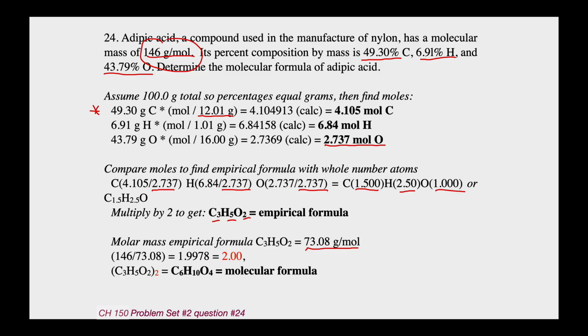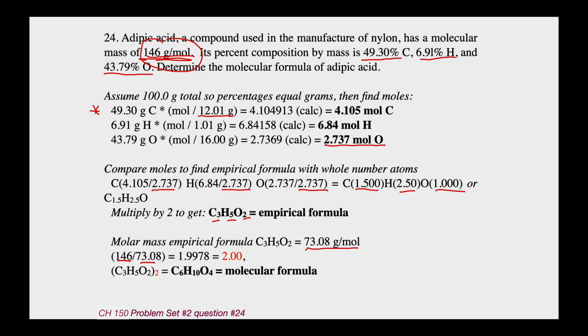So you would take 3 carbons, 3 times 12, plus 5 hydrogens, 5 times about 1, plus 2 oxygens, 2 times about 16, to better sig figs than I just did, 73.08 grams per mole. And you can see that is definitely not 146. So we're going to take that 146 and divide it by the empirical formula's molar mass.